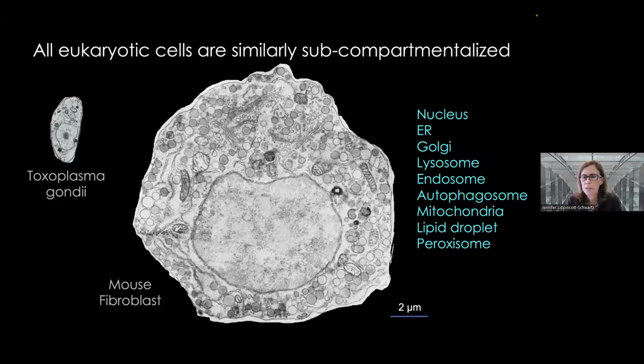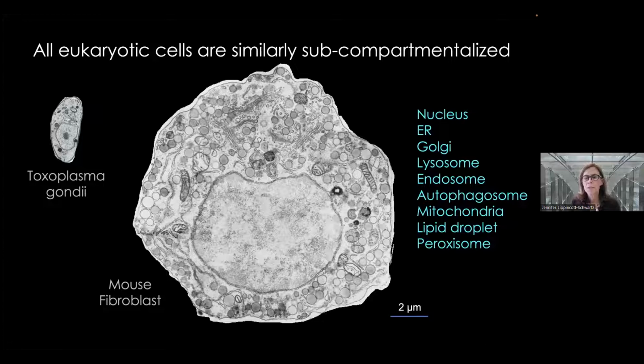What I think is really fascinating about these eukaryotic cells is that they're all similarly subcompartmentalized into 9 different membrane-bound compartments. There's also all kinds of other cytoskeletal structures, and they're membraneless organelles.